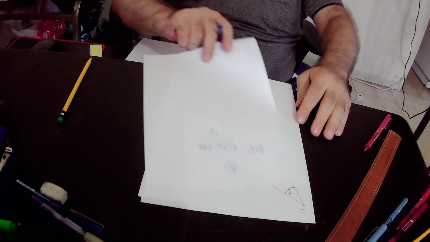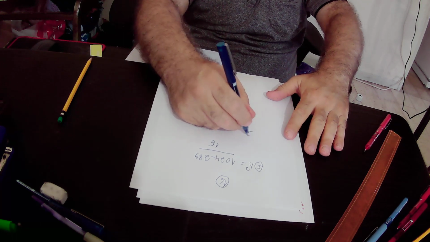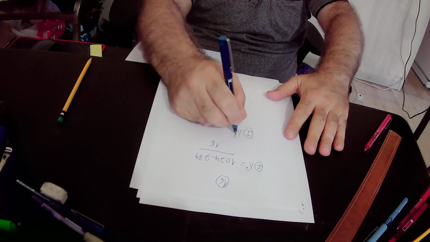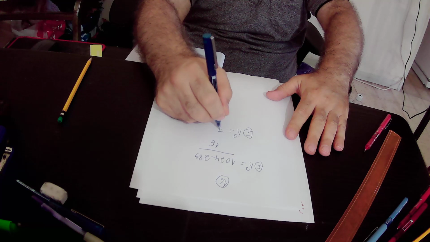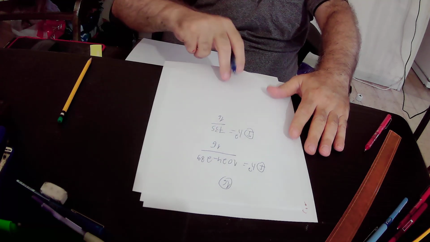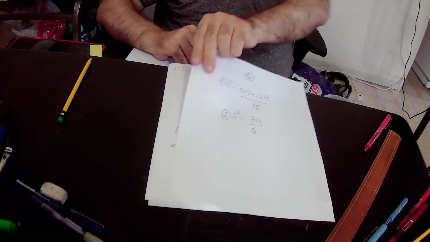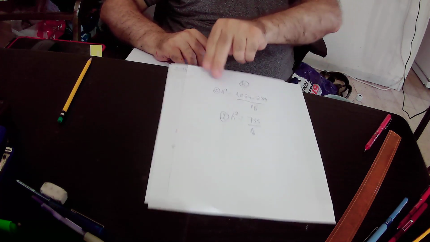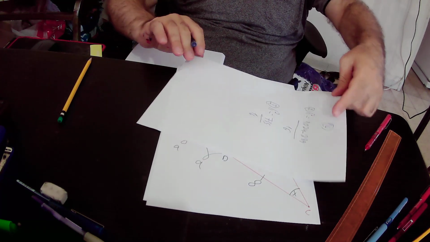So we will get that H squared equals 735 over 16.